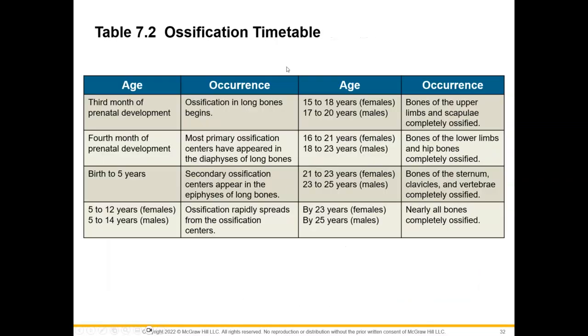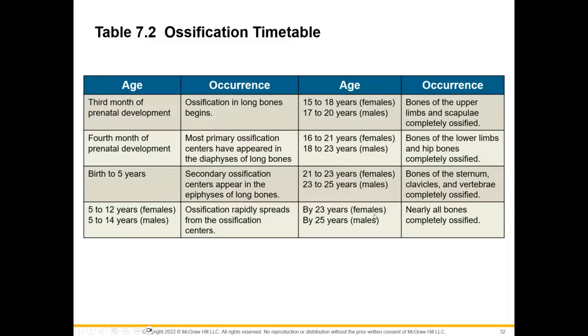Okay, this shows the ossification timetables. And you might want to take a look at this. It follows through the different age levels of when different things are occurring and when finally you stop growing, basically.